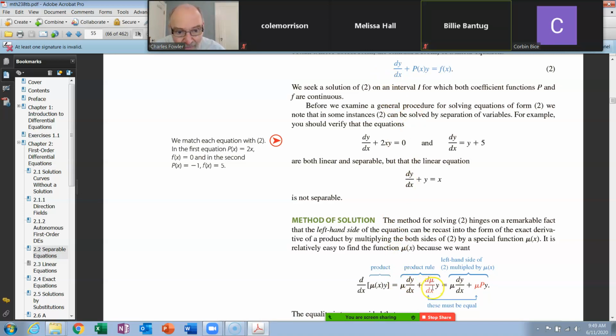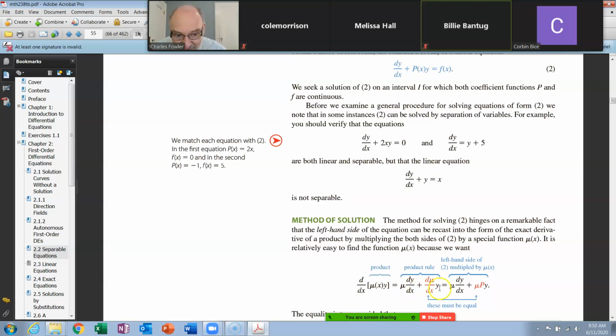This next term has a y in there, and you've got a dμ/dx. Now, what we want that to be, strangely enough, is exactly μ times p. Because if you multiply both sides of this equation by μ, and take the derivative of this, this is what you would get.